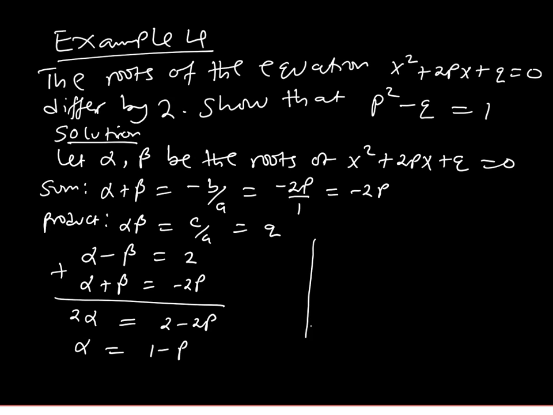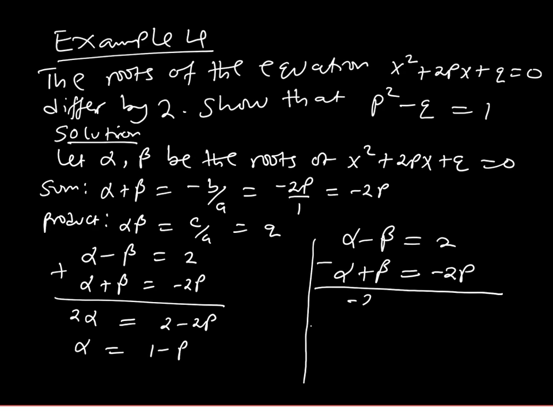Okay, so we have alpha minus beta is equal to 2, and alpha plus beta equals to minus 2p. So if we subtract, we end up with minus 2 beta as 2 plus 2p. And therefore, your beta is going to be minus 1 plus p.